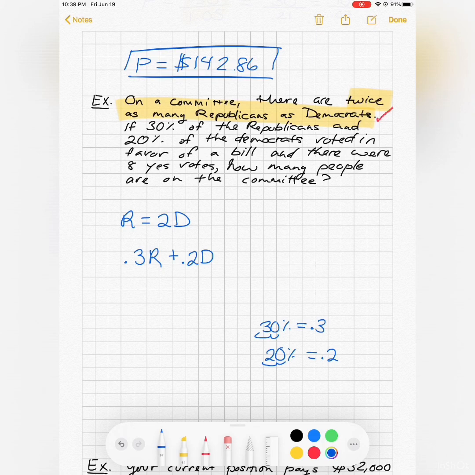So okay, I'm trying to translate here. I've got 30% of the Republicans and 20% of the Democrats voted in favor of a bill, and there were 8 yes votes. So this gives me a total of 8.